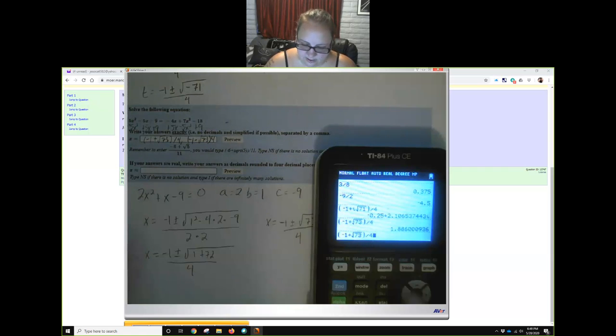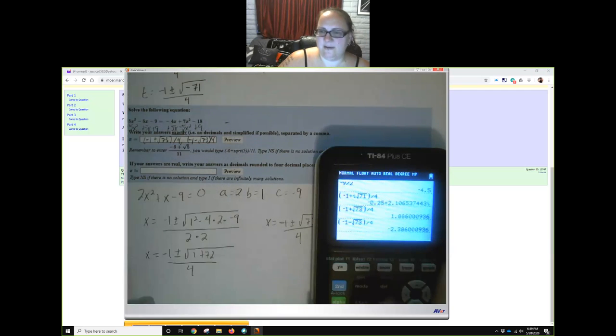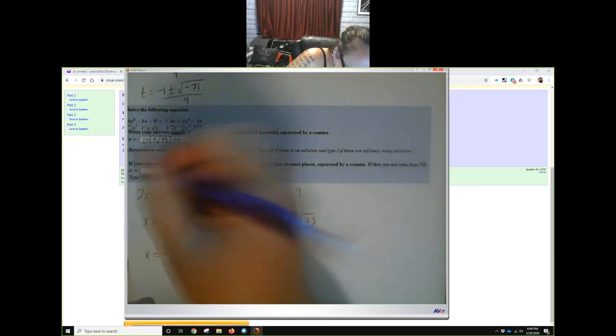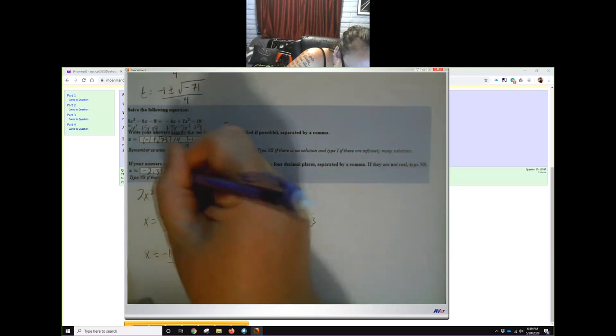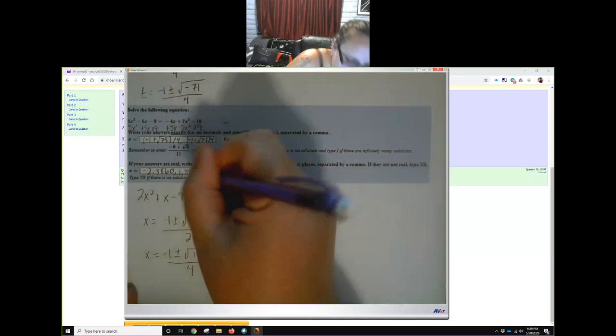And then again, that was second enter that pulled up that last line. And then I just changed the plus to a minus. So negative 2.3860 because they want 4 decimal places. And positive 1.8860.